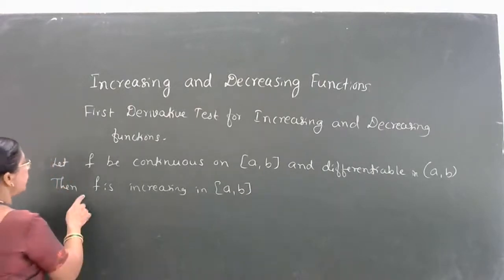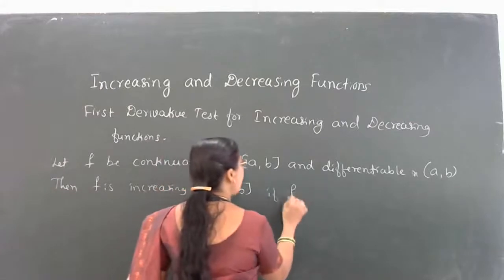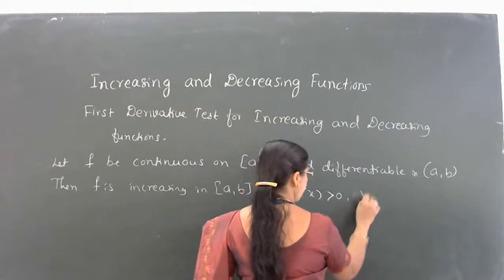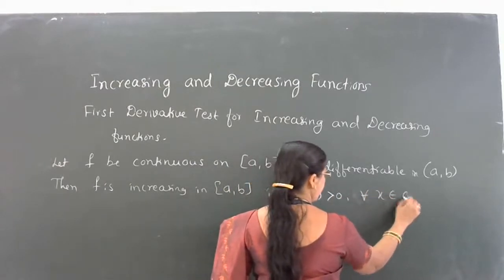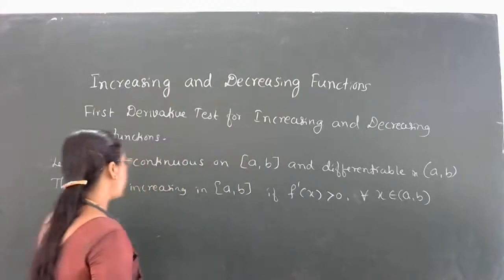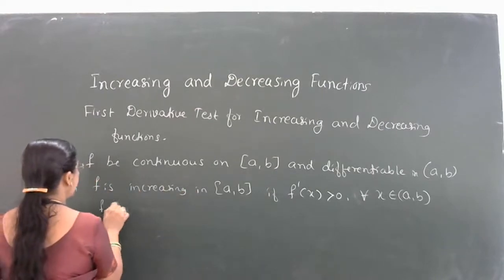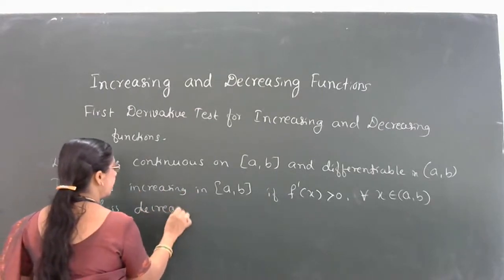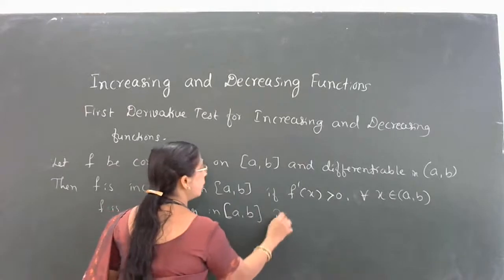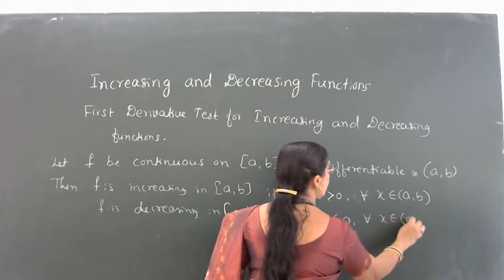Let f be a function which is continuous on the closed interval [a, b] and differentiable in the open interval (a, b). Then f is increasing in [a, b] if f dash x is greater than 0 for all x belongs to (a, b). f is decreasing in the closed interval [a, b] if f dash x is less than 0 for all x belongs to (a, b).